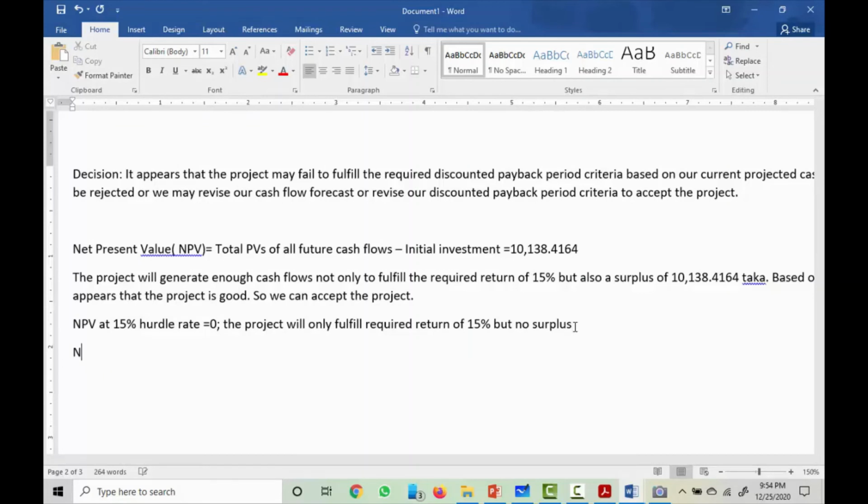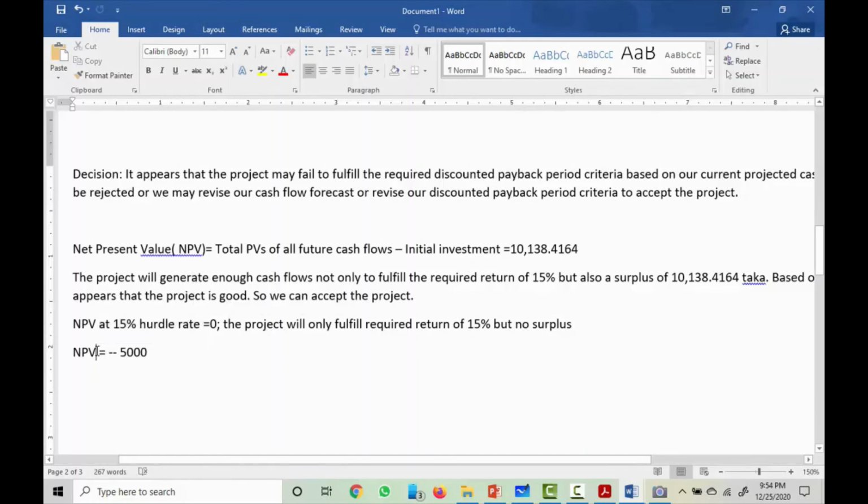But if NPV is negative, for example, NPV is minus 5,000, what does it mean?